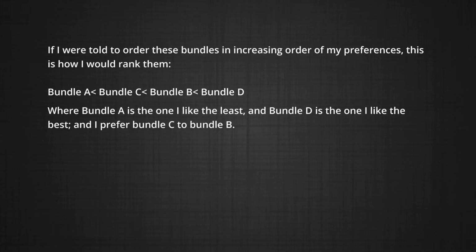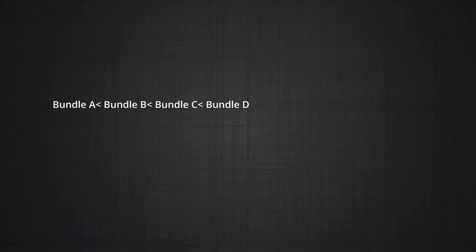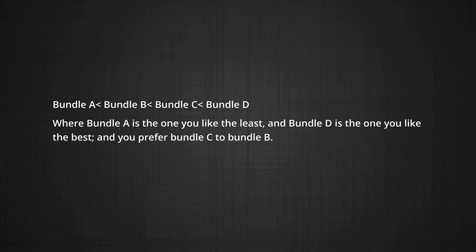And I prefer bundle C to bundle B. On the other hand, you may draw up the following ranking in increasing order of preferences. Bundle A is the worst, bundle B is better, followed by bundle C and then bundle D. In other words, you also like bundle A the least and bundle D the best. However, you prefer bundle C to bundle B.